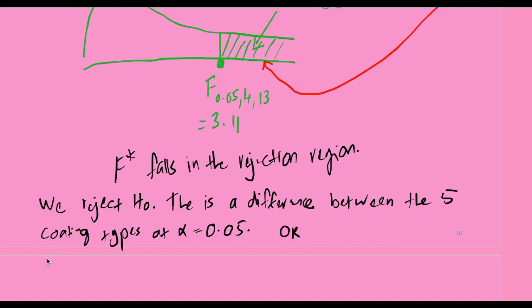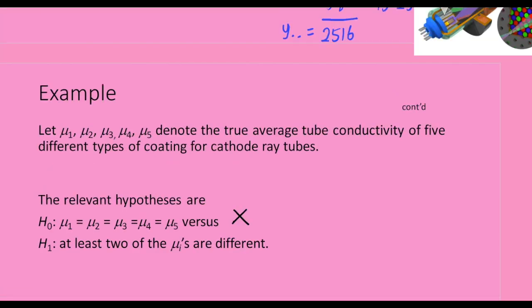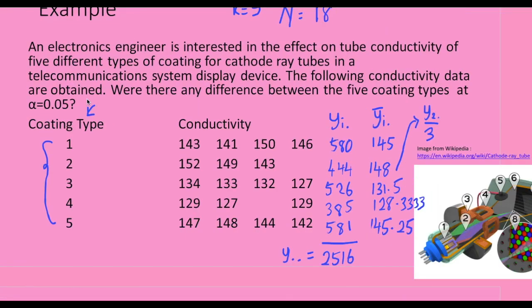Or choose only one, okay? You could write it as at least 2 of the means are not equal or are different. Or another way of writing it is, class, if you still remember, the coating type would affect the conductivity.